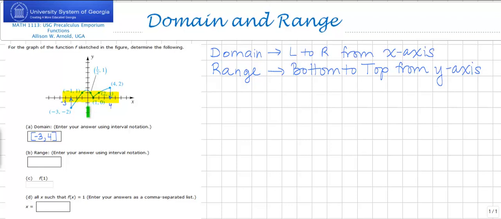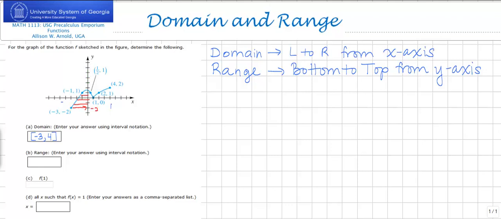Okay, now likewise, if I want to read the range, then I'm going to look at my graph in this direction. Okay, where does it start, where does it stop, which points, I'll erase some of this clutter, correspond to the y-axis. So let's see if we can figure this out. Again, I'm looking in this direction, moving along this way, from bottom to top, and what I see is that my smallest y value is -2.